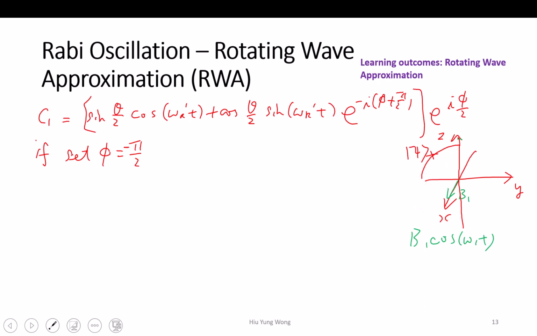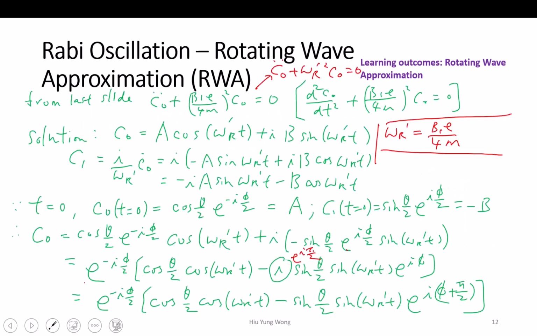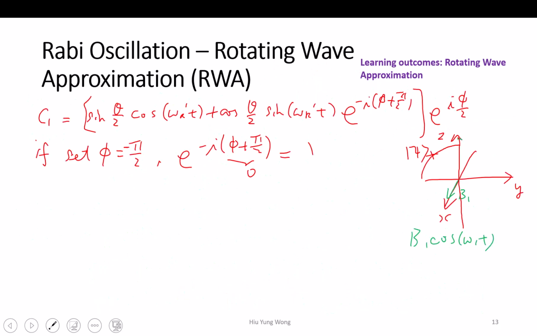If you do this, e to the power negative i phi plus pi over 2 is going to be equal to 1 because this is 0. Then you will see that this is just sine cosine plus cosine sine, and this is cosine cosine minus sine sine.